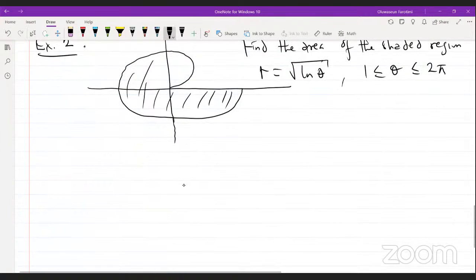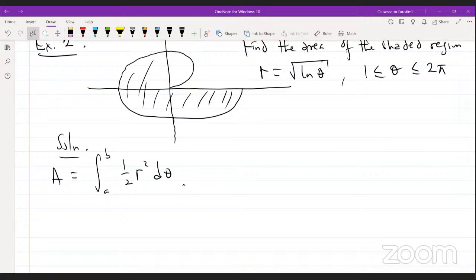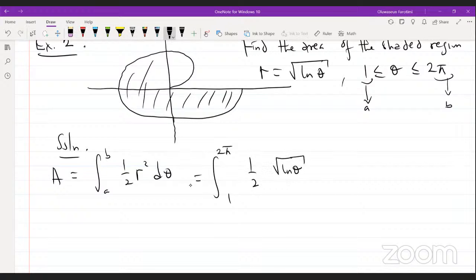So let us see, what do we do, guys? The formula is A equals the integral from a to b of 1/2 r squared d theta. What is my a? Of course, this is my a, and this is my b. I have 1 to 2 pi of 1/2 times the square root of ln of theta, but again, remember, you have a square, d theta.